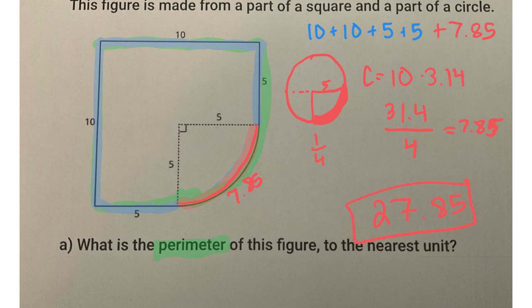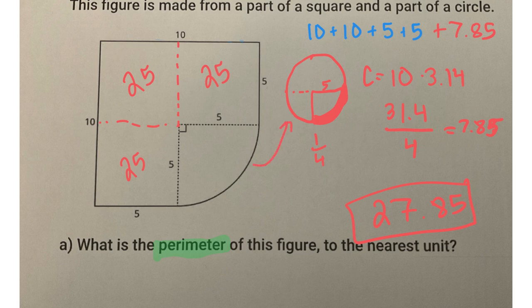All right, just for fun, if we are asked to find the area, I'm going to start all over here. I made a mistake there. Okay. To find the area, what I would do is I would break my shape up into 4 different squares, and I would go, okay, this area is 25 because we have 5 times 5. This area is also 25, and this area is 25. Then I would do the same thing as I did with my circumference. I would just find a quarter of my circle, but instead of finding the circumference, I'm going to find the area.